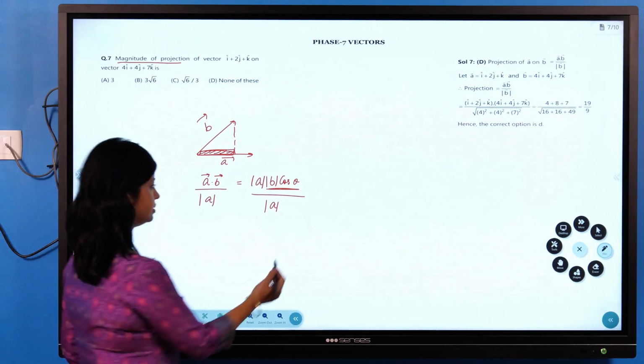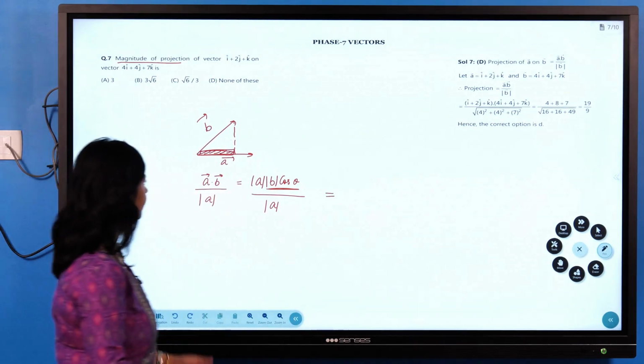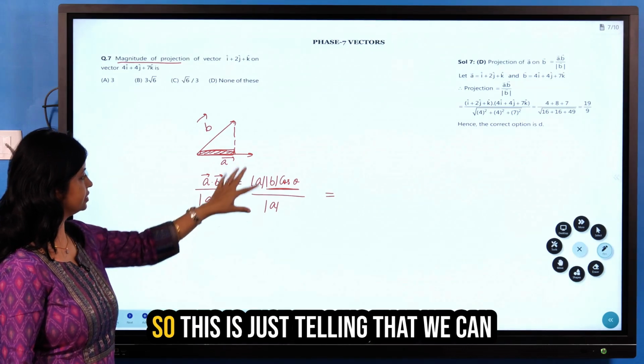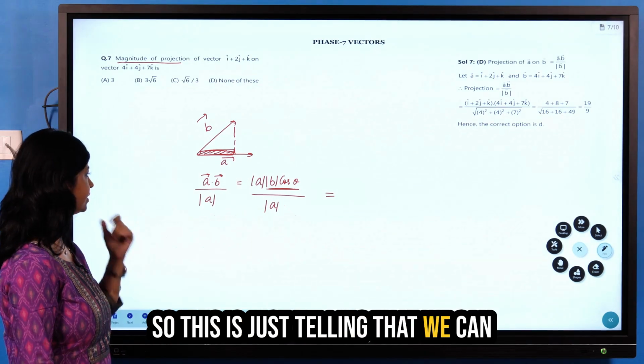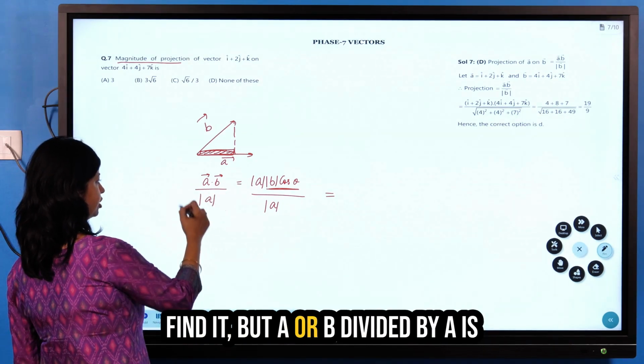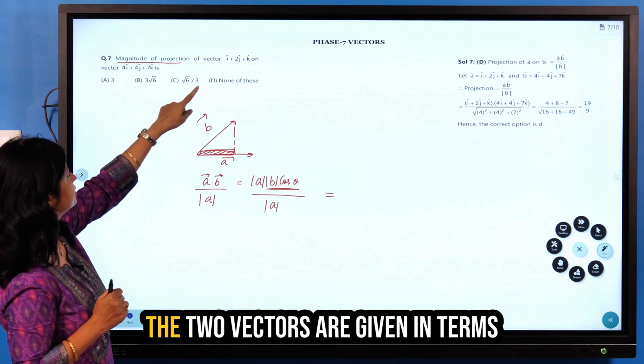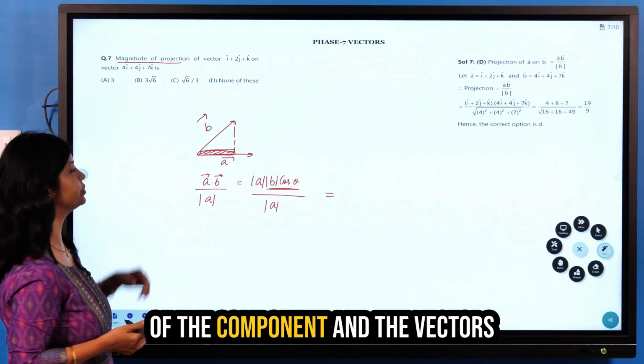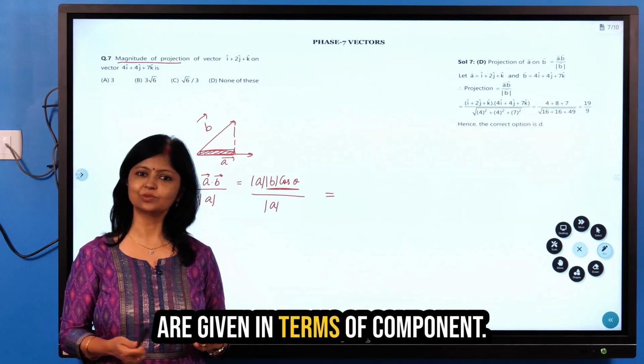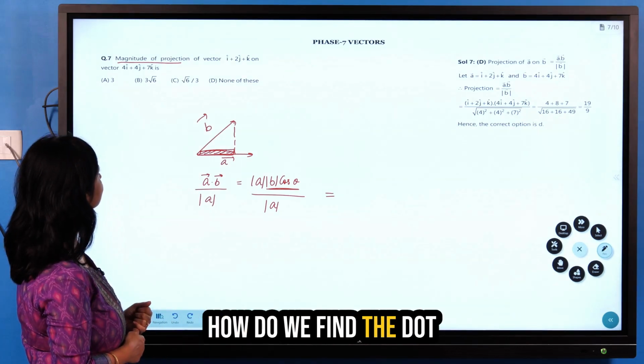After this, A dot B divided by magnitude of A is what we have to do, because here the two vectors are given in terms of their components. Now, if the vectors are given in terms of components, how do we find the dot product?